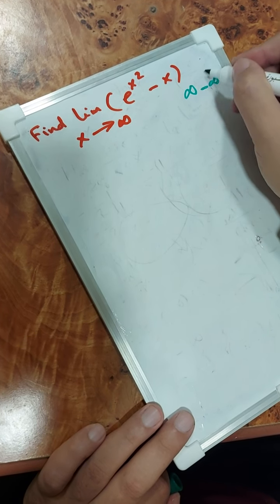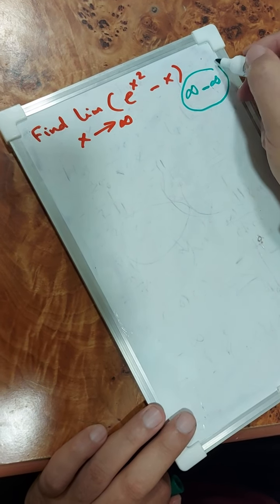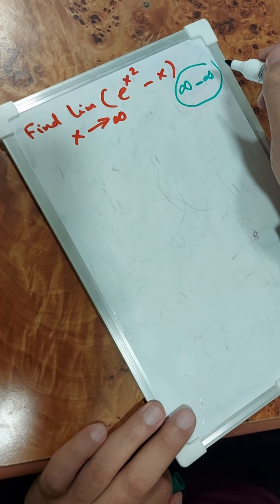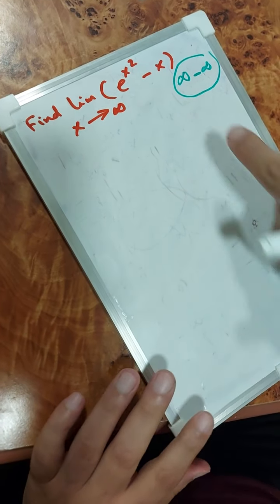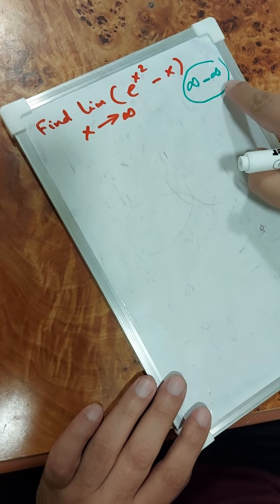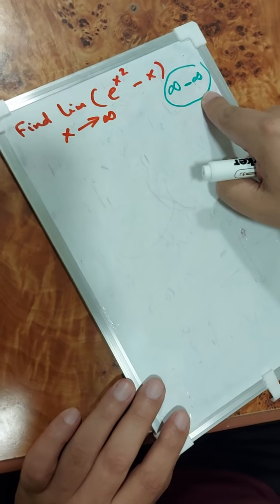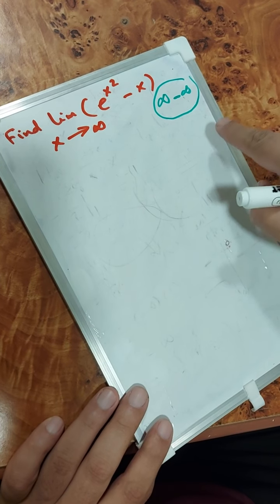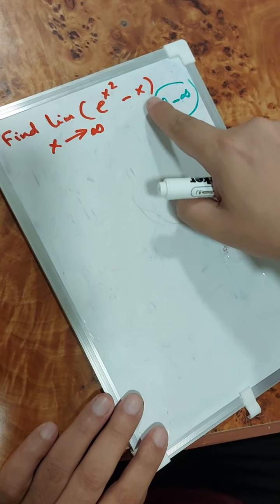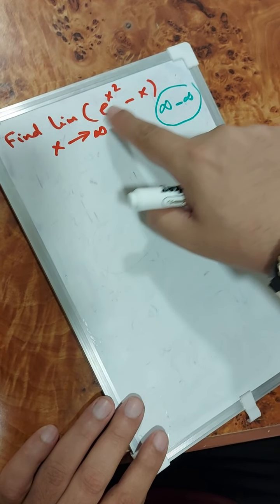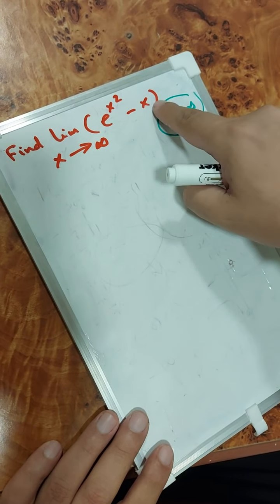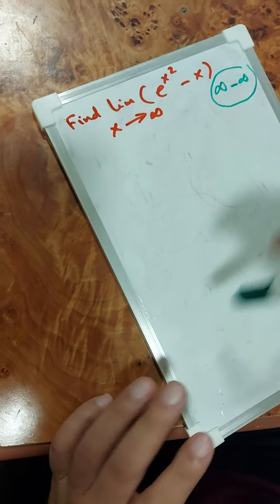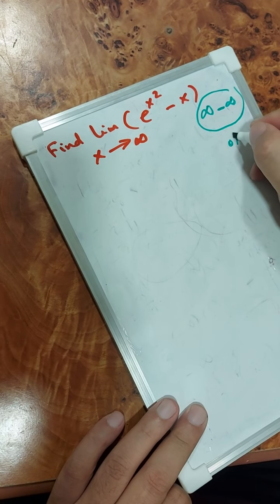So we have an indeterminate form of type infinity minus infinity. Therefore we can use L'Hopital's rule. Here, to change this indeterminate form from infinity minus infinity to the well-known form 0 over 0 or infinity over infinity, we have firstly to take a common factor from this bracket to have an indeterminate form of type 0 multiply infinity.